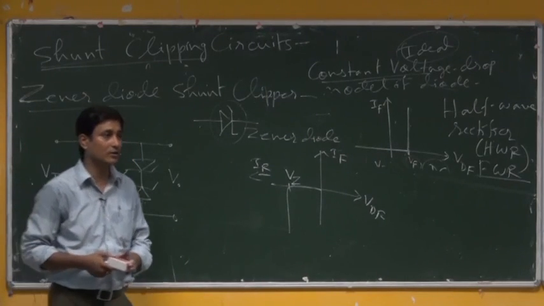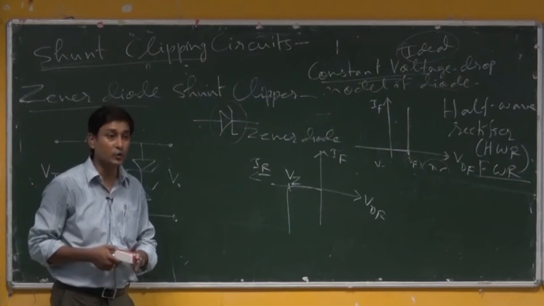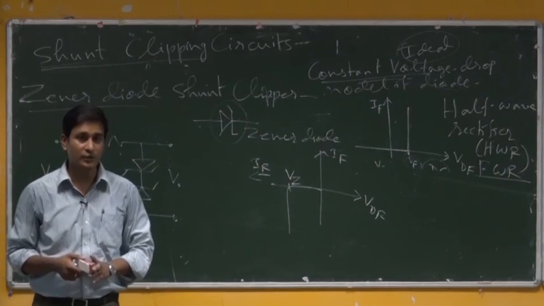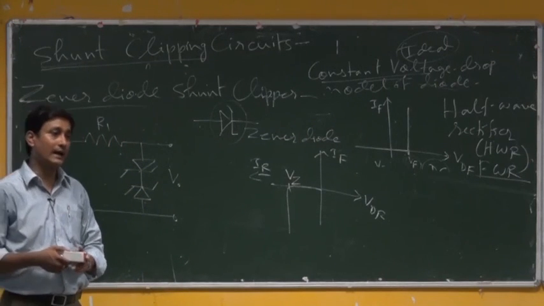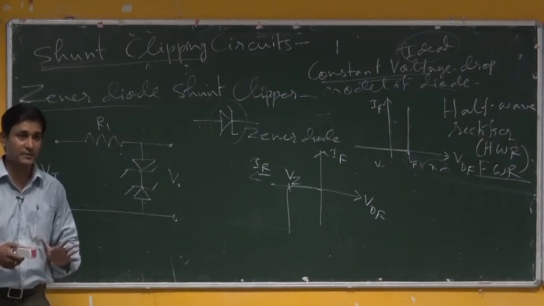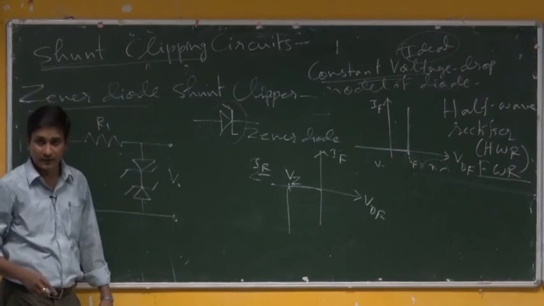General diodes may not be able to bear the huge current which flows in the breakdown voltage, but Zener diodes are made for that. It is able to handle those huge currents. It is specially made; that is why the symbol of the Zener diode is also different.